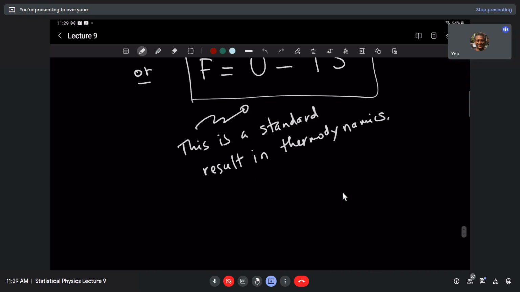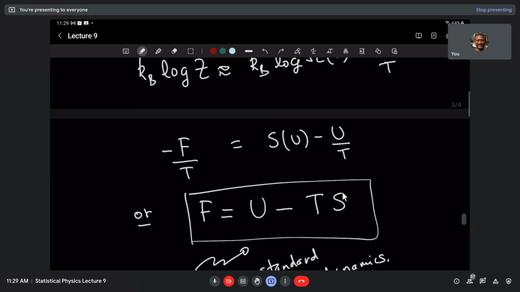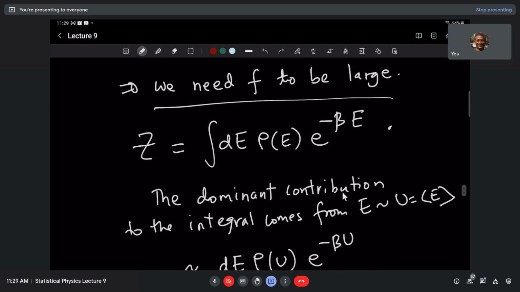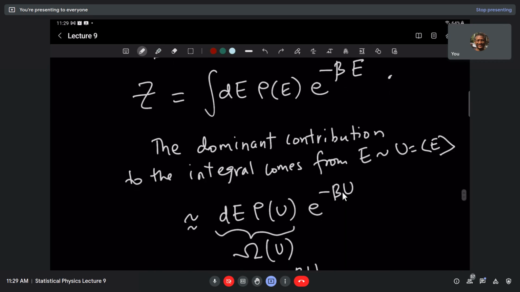Sir, in this integral, it would be the y-axis is number of states and the x-axis is energy, right? In this approximation, there's no integral in the second step here, right?